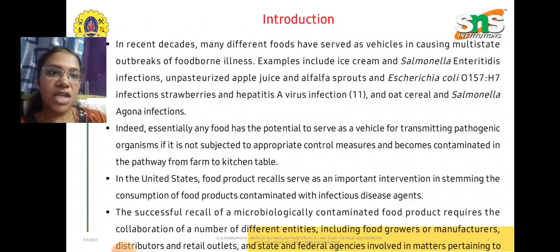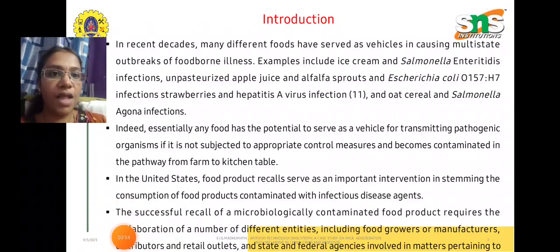Indeed, essentially any food has the potential to serve as a vehicle for transmitting pathogenic organisms if it is not subjected to appropriate control measures. In that way, during the pathway, it gets contaminated.